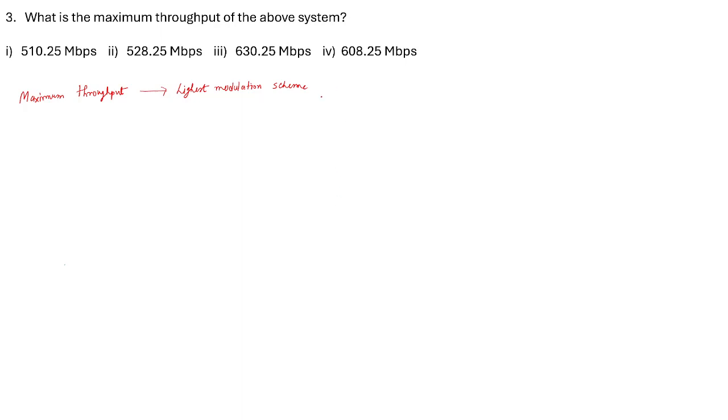So let me write it down here. We are going to choose maximum code rate, and when you say maximum code rate, it is nothing but minimum redundancy. So compared to the previous question, the goal is completely changed.